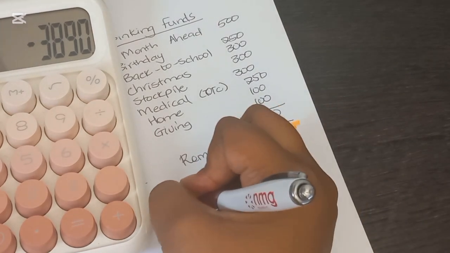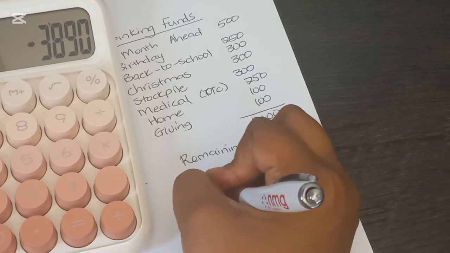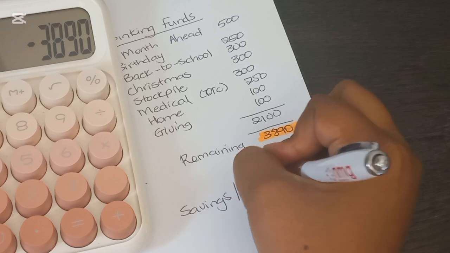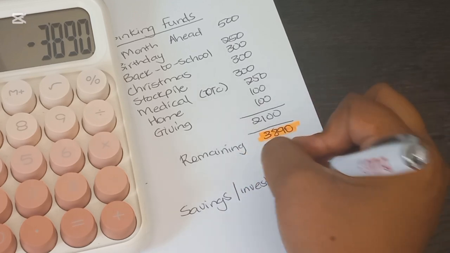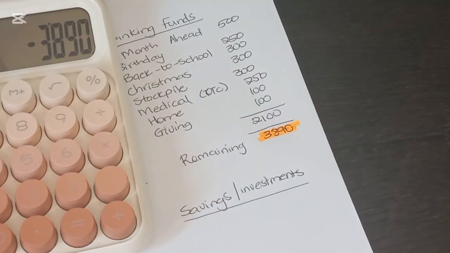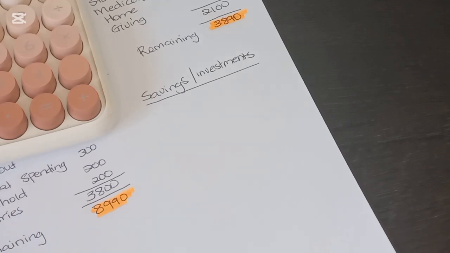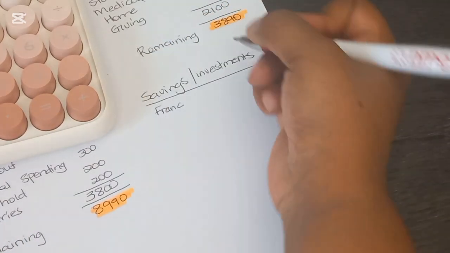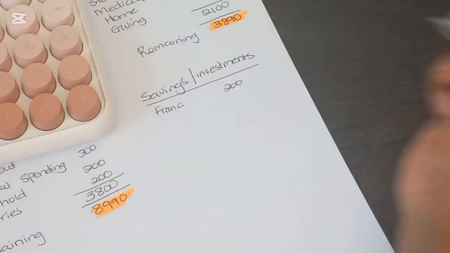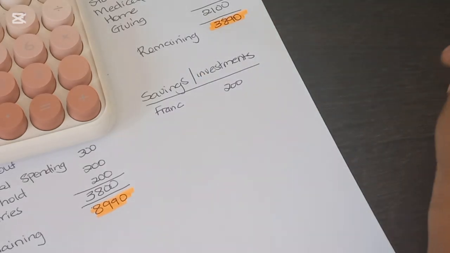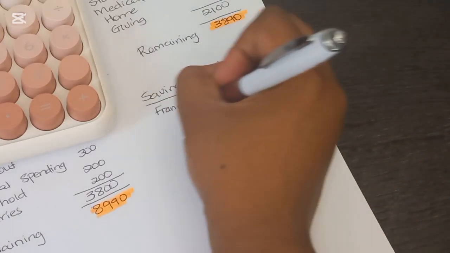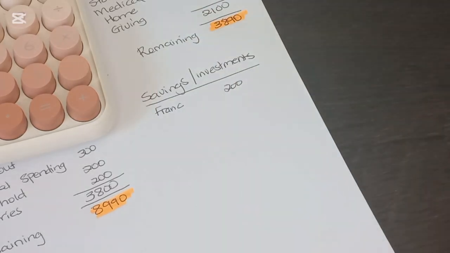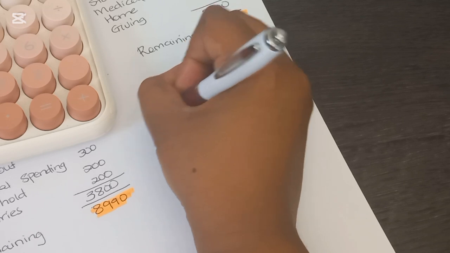And then I'm going to savings and investments. Okay. And that I am sending 200 rands to Frank for investments. And we have birthday contributions.